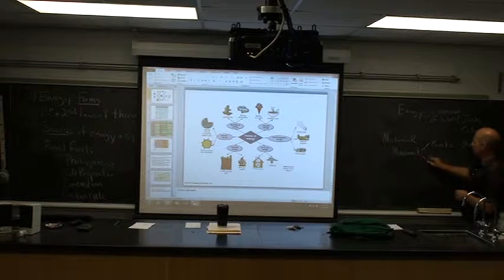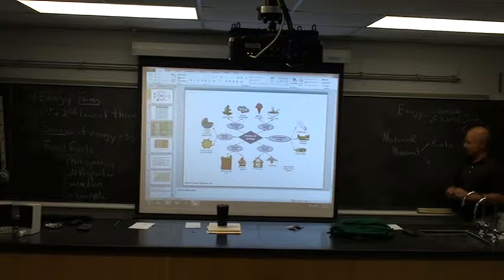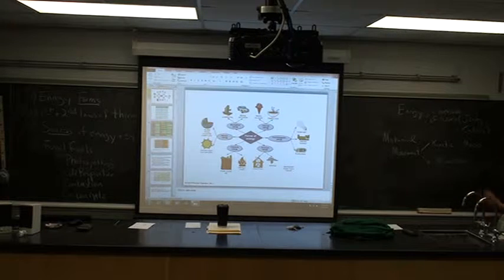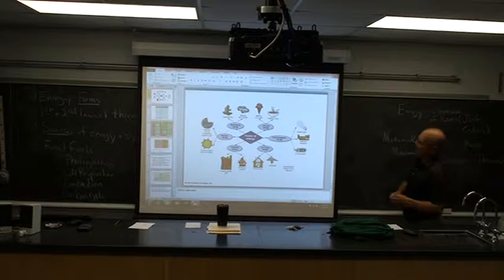You can also have the movement of molecules. So that would be sort of micro kinetic. You can't see molecules moving, but when they do, and when they move faster and faster, we perceive that as heat. So you can also think of that as thermal energy. So that's actually over here.